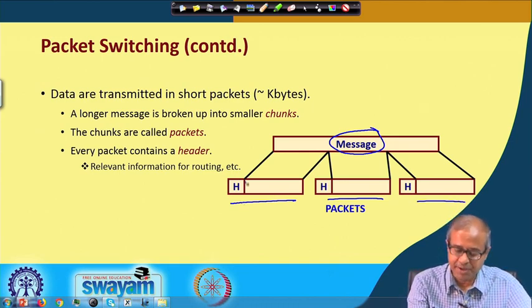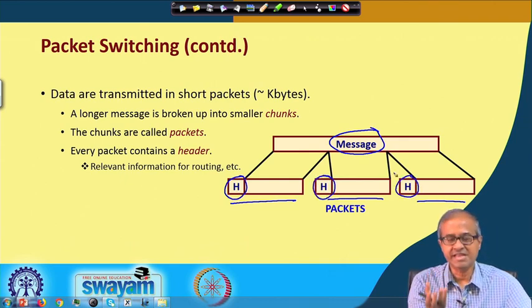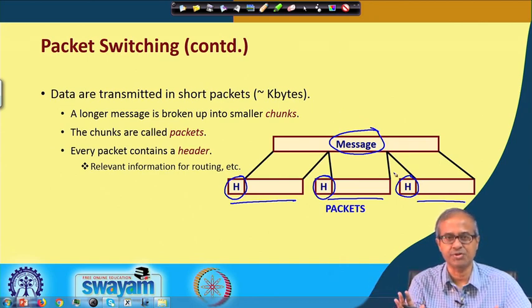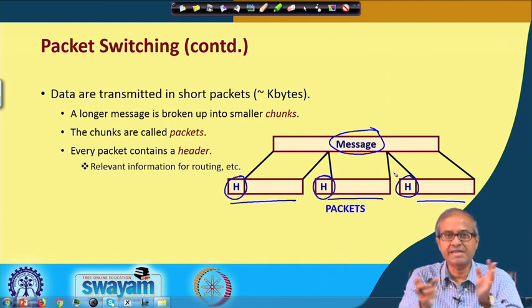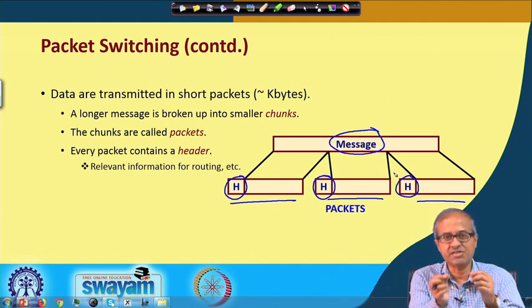And with each packet you add a header. This header will contain some relevant information like where you want to send the packet, destination address and some information relating to that. So, each of these packets will be having some additional overheads in terms of headers.